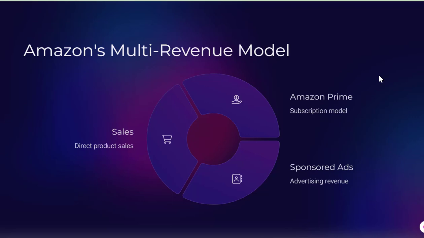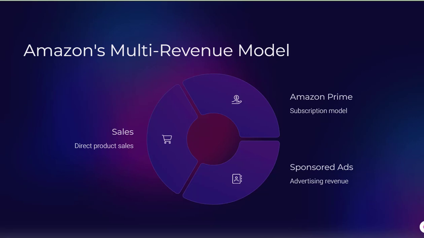The core of the business is direct product sales, where Amazon sells physical and digital products directly to consumers. Amazon Prime is a subscription service that offers members benefits like free shipping, streaming content, and other perks. This provides a recurring revenue stream.